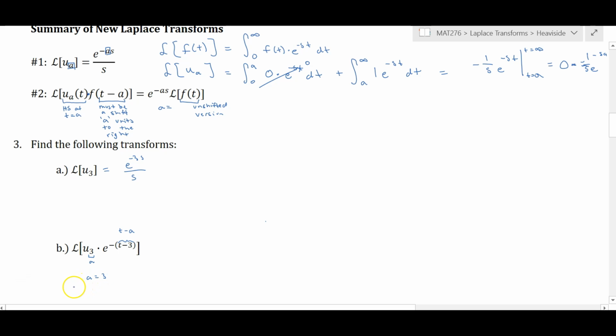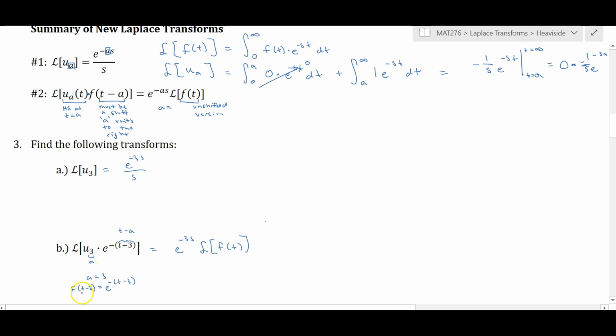We also have that f of t minus 3, the function shifted 3 units to the right, is e to the negative quantity t minus 3. In order to convert this into this form, we needed to know what a is. So we know that for sure this is going to have e to the negative 3s in it. But now it needs to be multiplied by the Laplace of f of t. What we identified on the left-hand side was f of t minus 3.